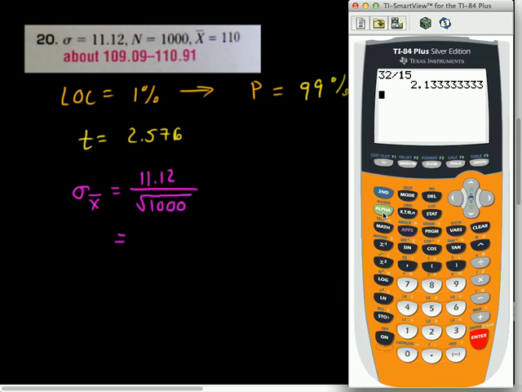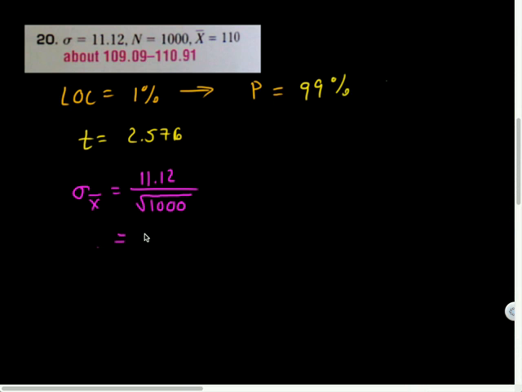The square root of 1,000 is not going to be 100, sadly. The square root of 10,000 would be. So it's 31.622 and so on, and then 11.12 divided by that, and I get 0.3516 is sigma sub x bar. All right, so there's sigma sub x bar once it's calculated.